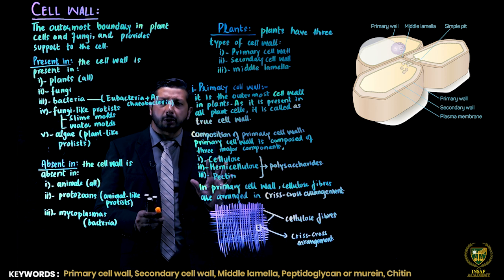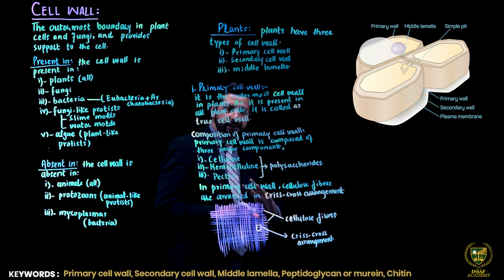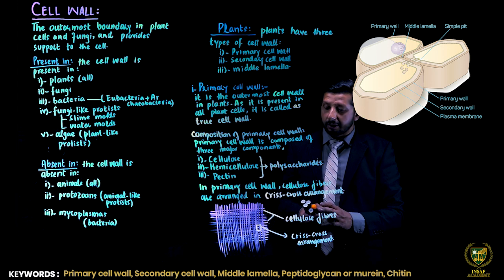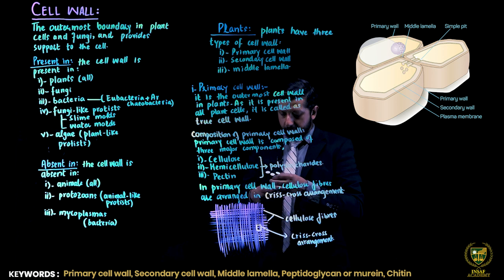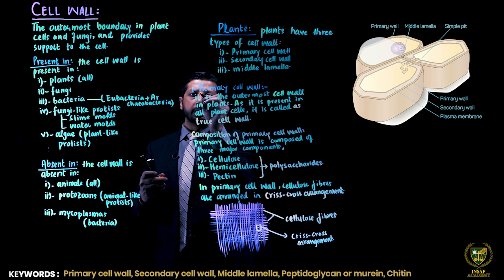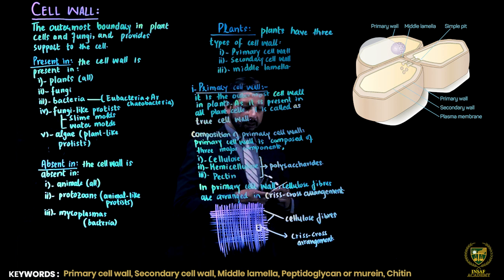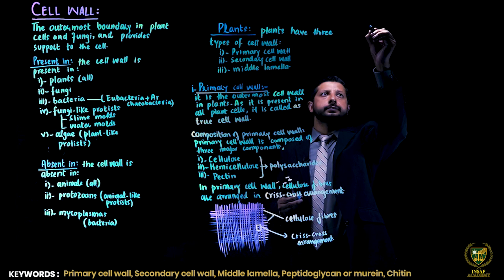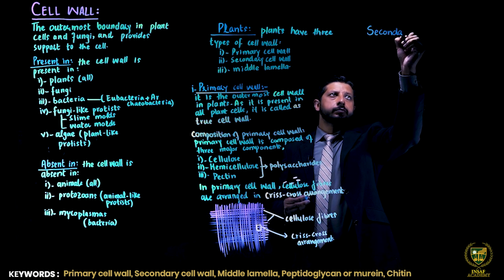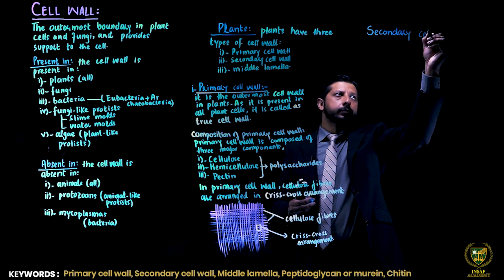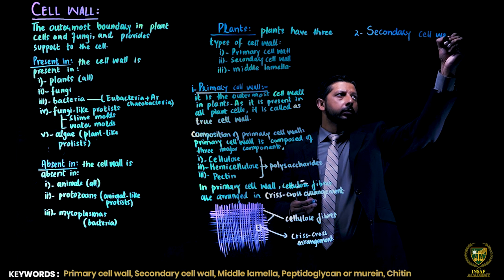So it provides a lot of strength, like a knitted form, जैसे कि knit हुए हैं, कढ़ाई की हुई है किसी ने. Now, so that was about the primary cell wall in plants. Now is the secondary. Number 2 is the secondary cell wall.